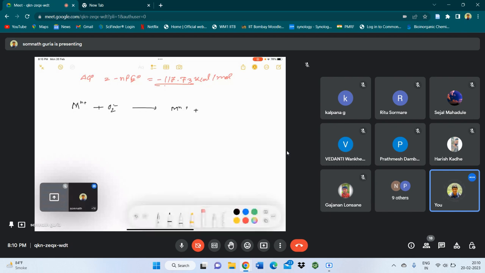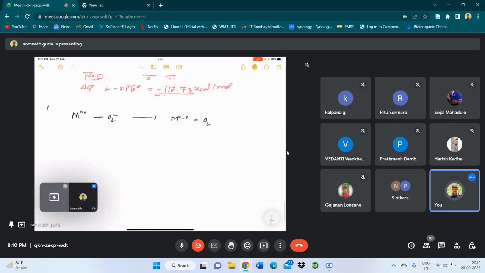That way it can form the M n-1 plus oxygen. Sorry, this is mechanism one.